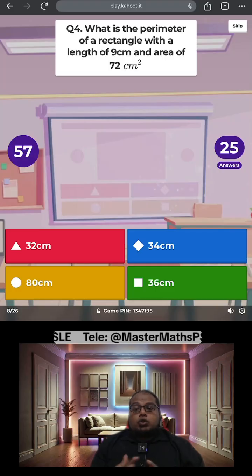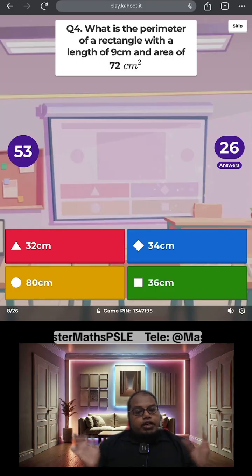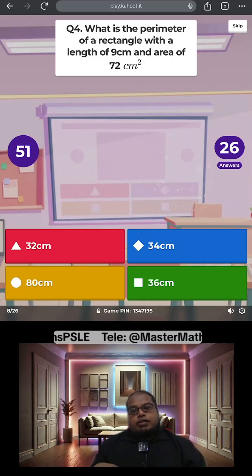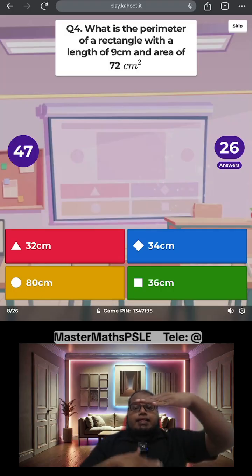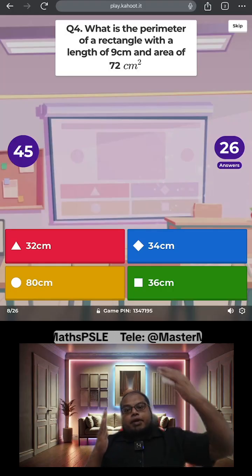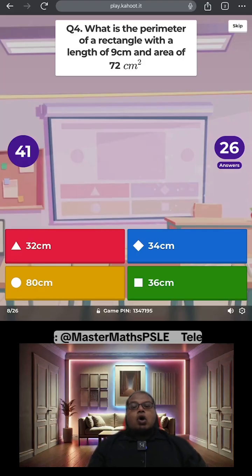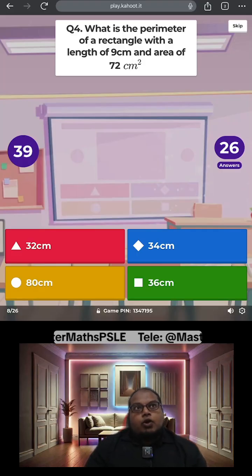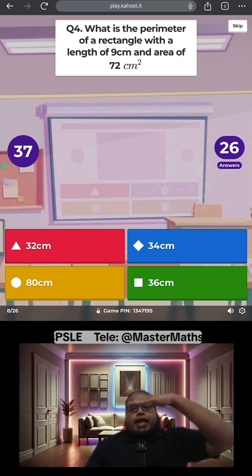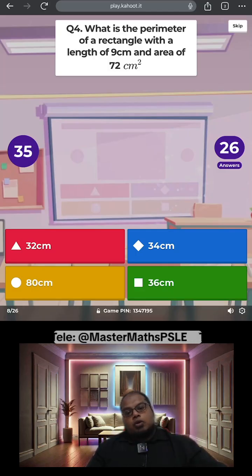So for those who are primary 4, primary 3, if you haven't learned area and perimeter, now you know. So area is length times breadth. Perimeter is length plus breadth plus length plus breadth. Or you can also look at it like your length plus breadth times 2.